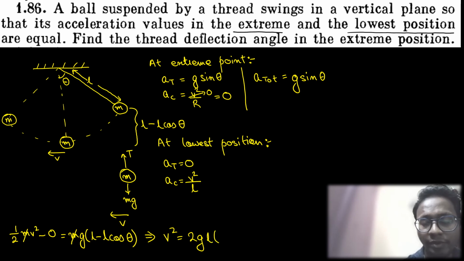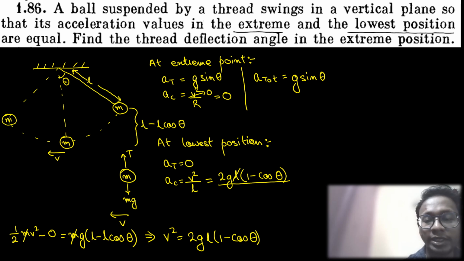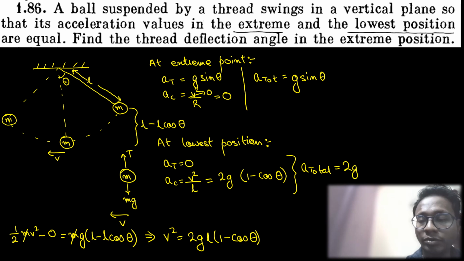So v squared by L is nothing but 2gL(1 minus cos theta) by L. The L and L get cancelled. So the centripetal component of acceleration is nothing but 2g(1 minus cos theta). So the total acceleration at the lowest point is equal to 2g(1 minus cos theta).